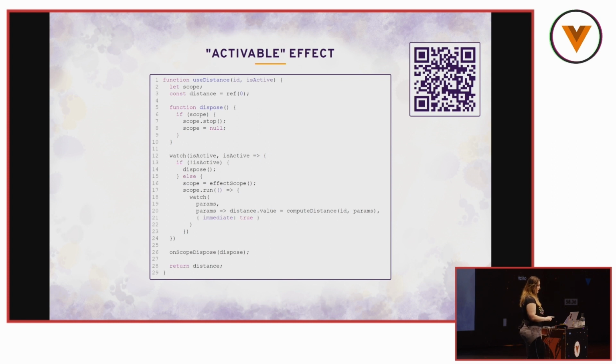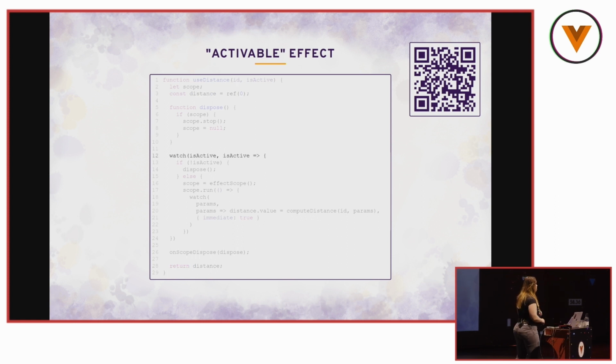So you will create this kind of composable, which will take your activation condition. It will create a reference. So here I have a distance, like, I don't know, something you may want to have. And then I will watch the activation condition.